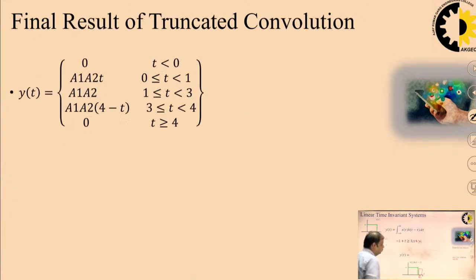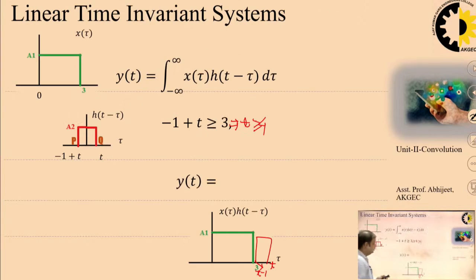So if that is so, y of t will be basically 0. There is no overlapping. The first signal remains on the left side, the second signal, the shifted version, is on the right side. So the truncated versions are not getting multiplied, and therefore we don't have any overlapping. Therefore y of t is equal to 0.